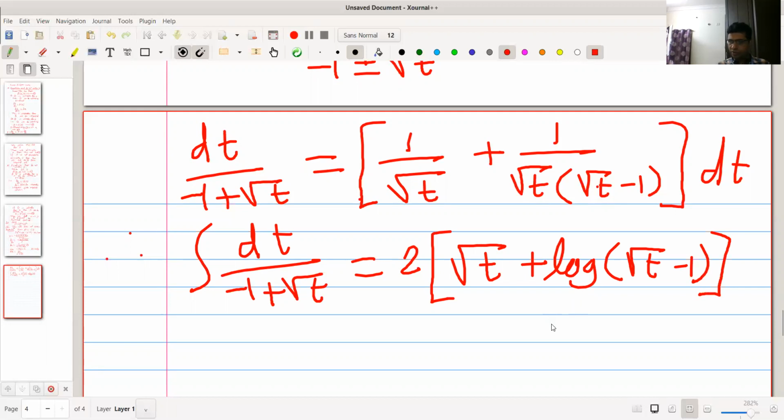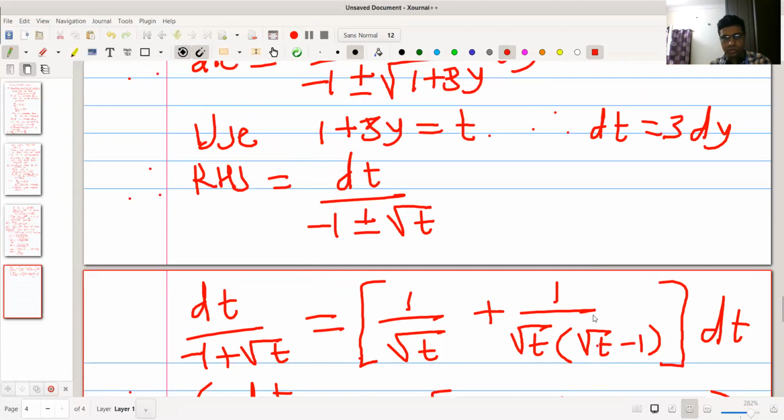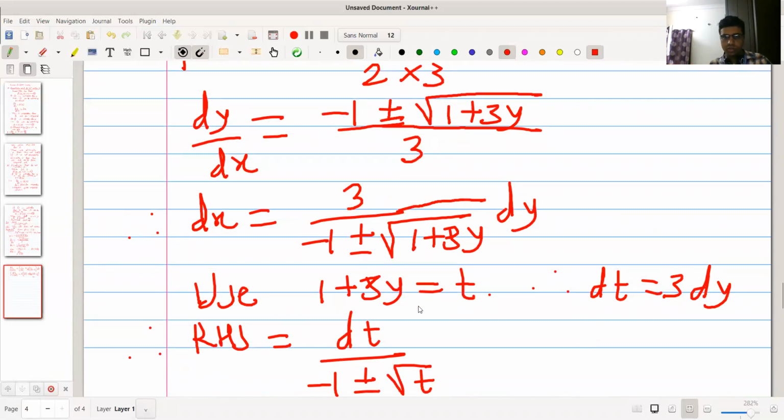Of course, a constant of integration will be there. Here we back substitute 1 plus 3y for t, and we call this star.